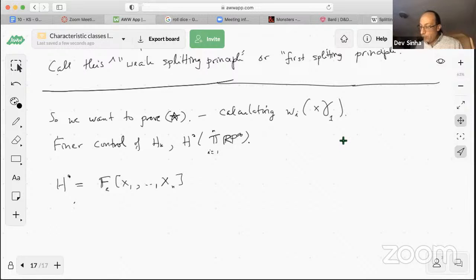So in homology, I'm going to let b_{i,k} be the non-zero class in the kth factor of RP infinity in degree i, and then included in the homology of the product.